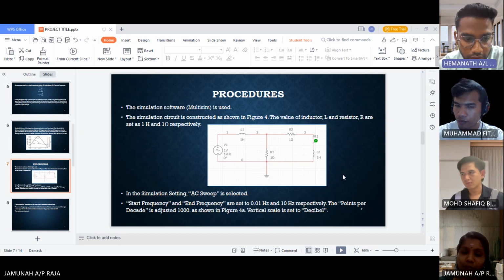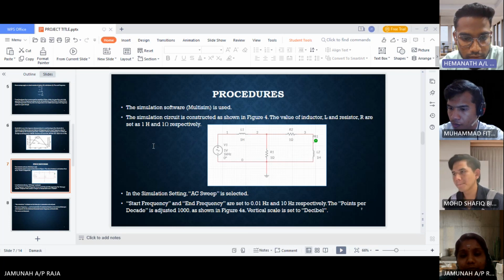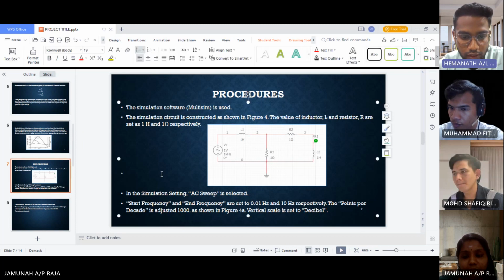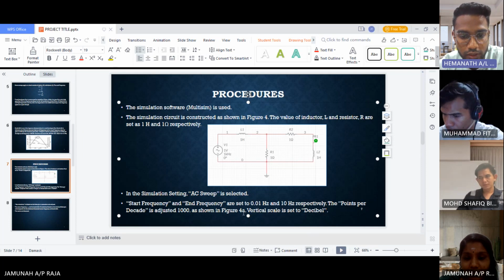In the simulation setting, AC sweep is selected, and the start frequency and end frequency are set to 0.01 Hz and 10 Hz respectively. The points per decade is 1000, as shown in figure 4. The vertical scale is set to decibel.